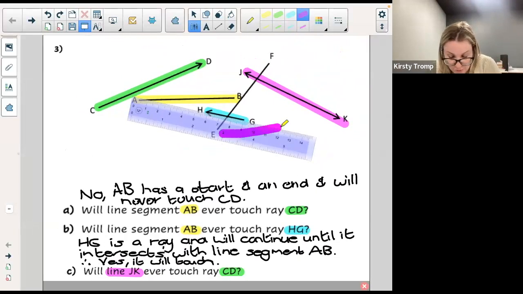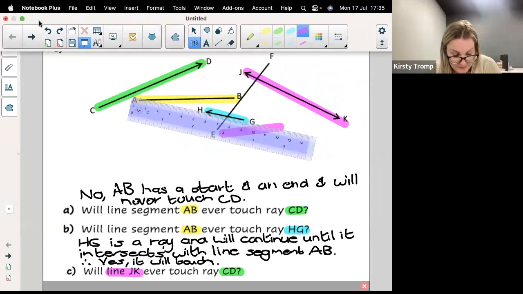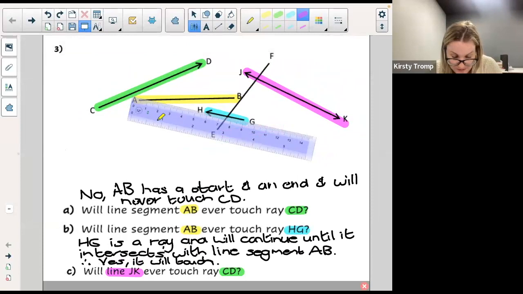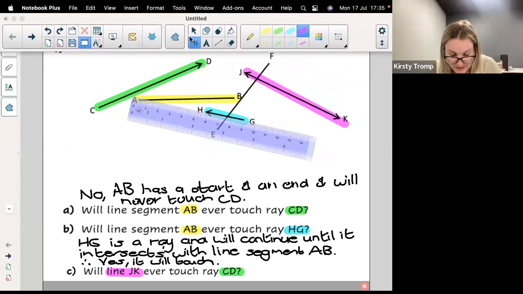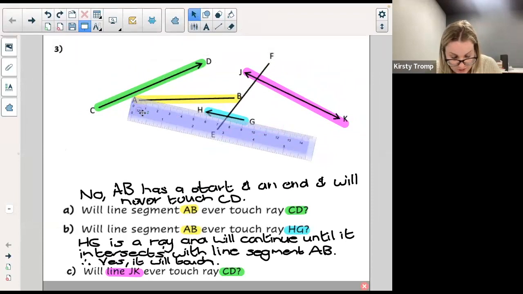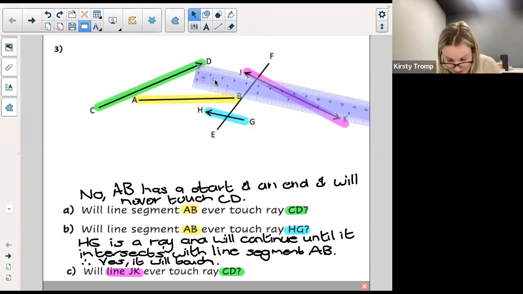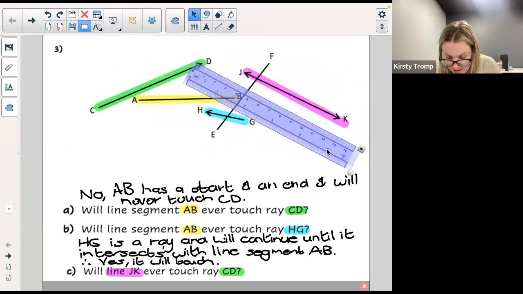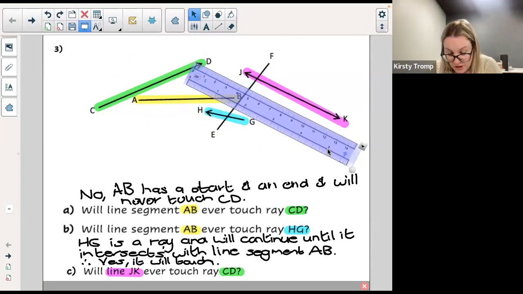So let's bring our ruler up a little bit. Let's see if we can get our ruler up there. See if our ruler will move for us tonight. All right. So we're looking for line JK, and look at this line. This line looks like it has 2 arrows on it.